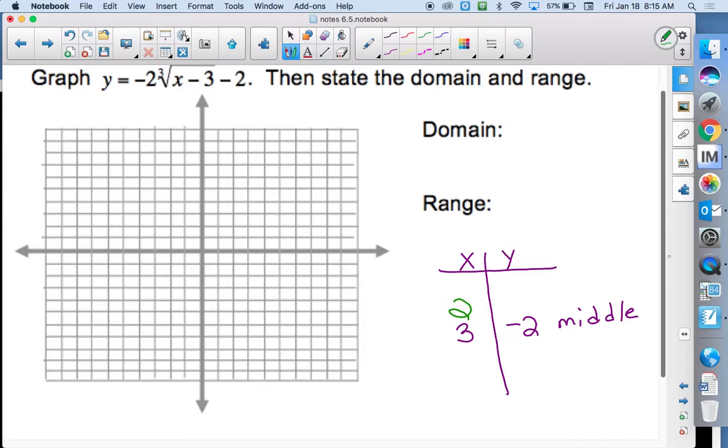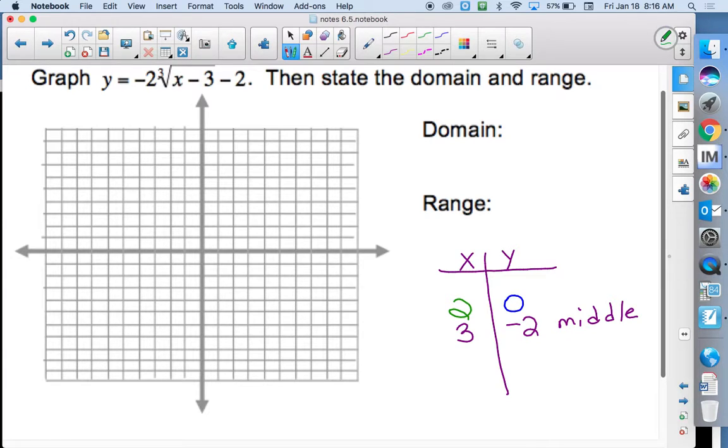So we have negative 2, cube root of 2 minus 3, and then minus 2. So the goal is to take the cube root of negative 1 because that's a number we can take the cube root of. So Kushal, negative 2 times the cube root of negative 1 minus 2. So negative 2 times negative 1 is positive 1. Minus 2 gives us a 0.